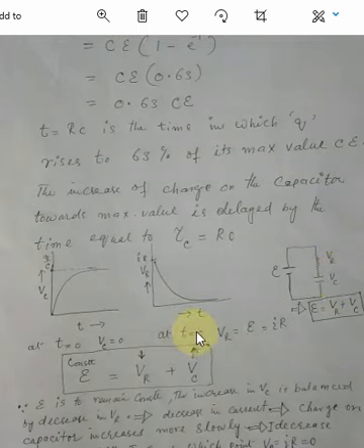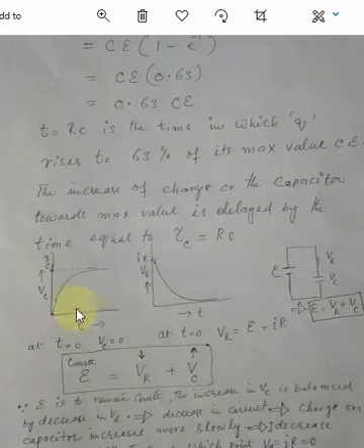So at time t equal to 0, this term is 0, so E will be equal to VR. That is, the whole voltage provided by this source appears across VR only. So E is equal to VR and VR is equal to IR.